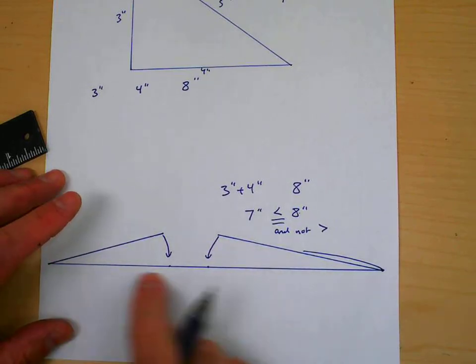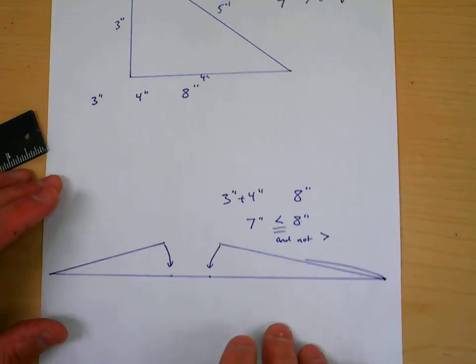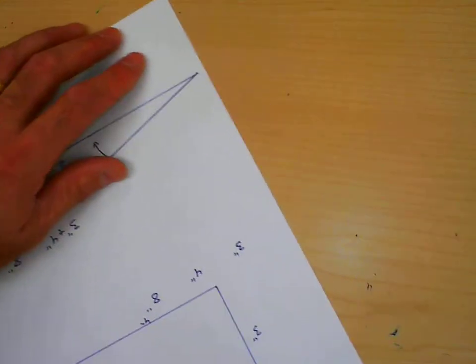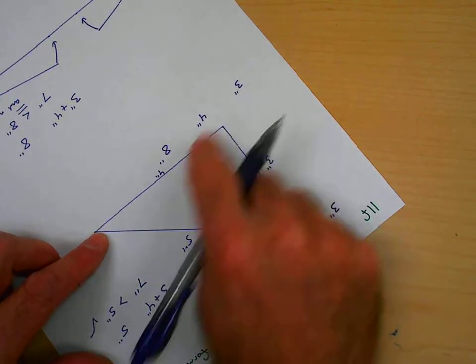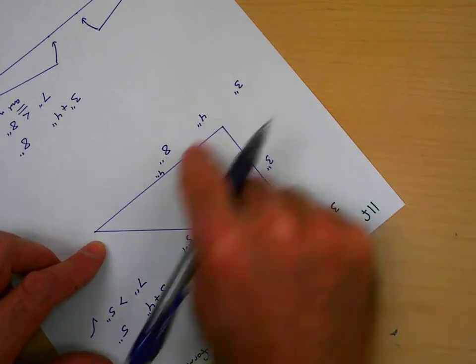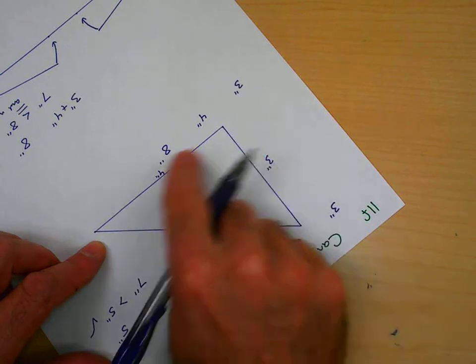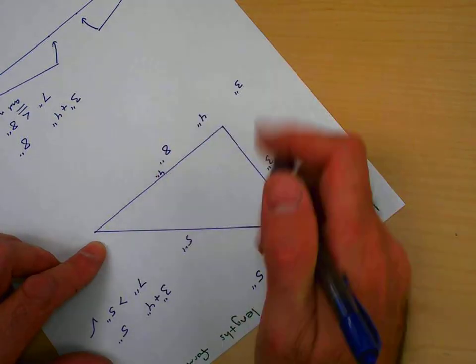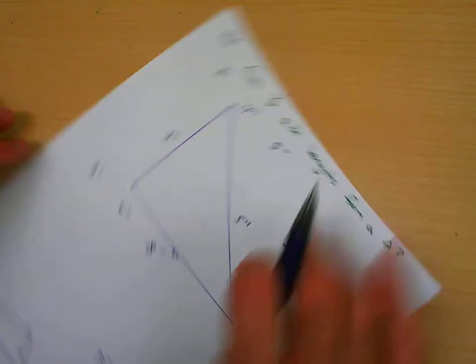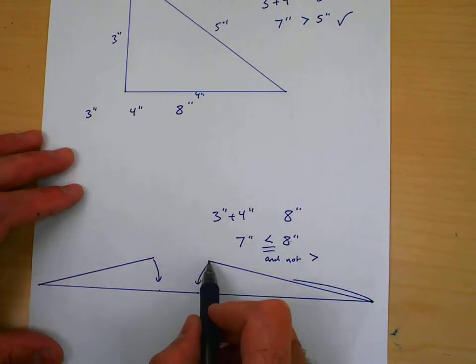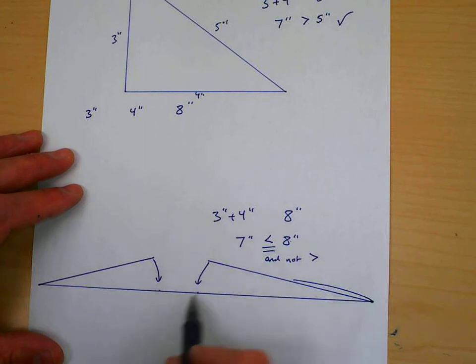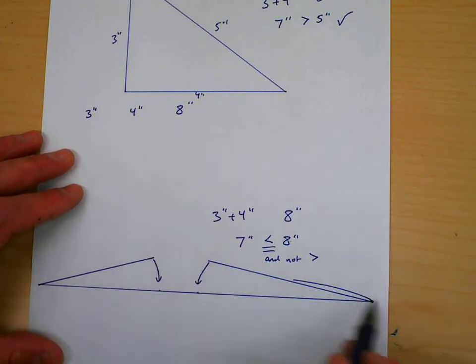It can't make a triangle, because these two sides can't bridge this length. If we look at this 5-inch span, the 3 inches and the 4 inches clearly could span over the 5 inches. They still had 2 inches left, so quite a bit of room to create a triangle. Here, these two do not bridge the gap. They can't bridge that 8-inch span with 3 inches and 4 inches.